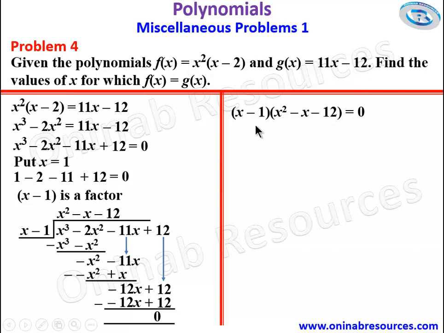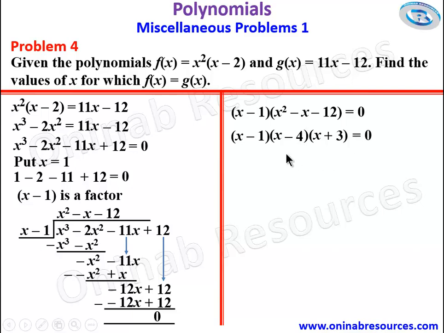We factorize this, so we have x minus 1. Since the coefficient of x squared is 1, I have x in brackets. So we are looking for two factors of negative 12 whose sum will give us negative 1. So the two factors are negative 4 and 3. So I have the negative 4 and plus 3.